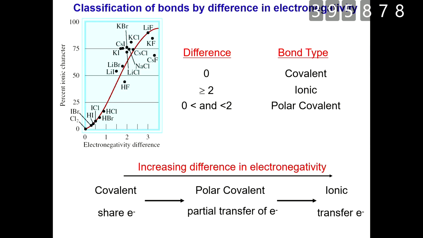So, here this picture shows us how to determine the type of chemical bonds. So basically, we know for chemical bonds, they may be ionic bond, right?